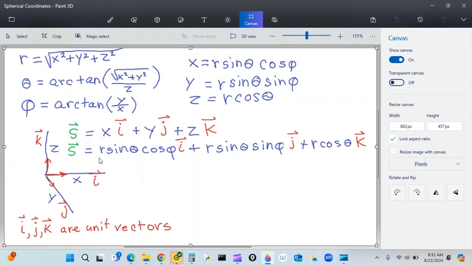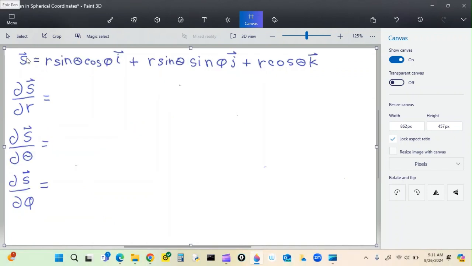Then I'm going to plug in for x, r sine theta cosine phi, for y, r sine theta sine phi, and then finally r cosine theta for the z. Hopefully all that makes sense because we're going to build on this information.